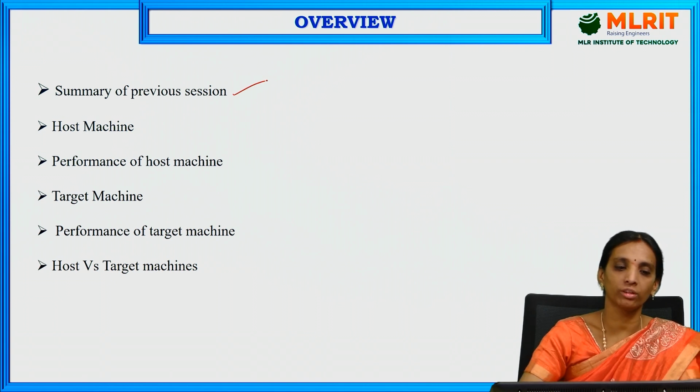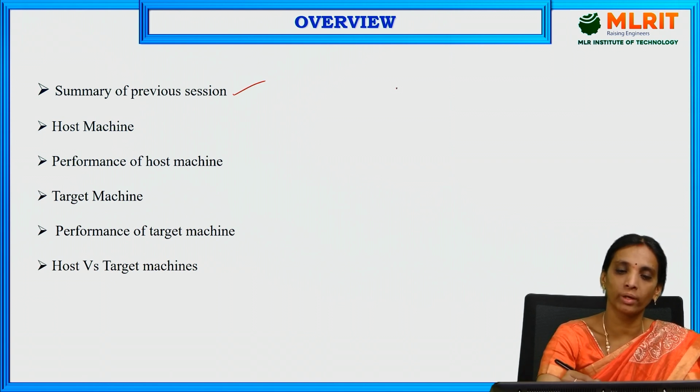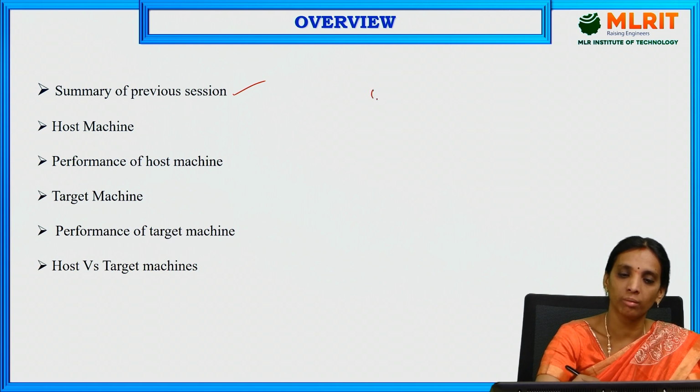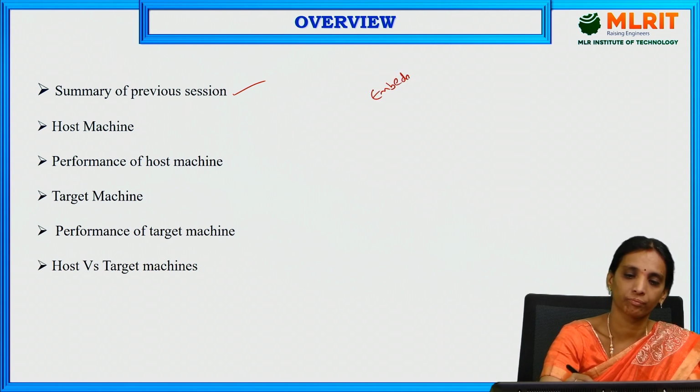In the previous session, we discussed what programming languages are used for embedded systems, that is, Embedded C. What are the differences between the C language and the embedded C language?